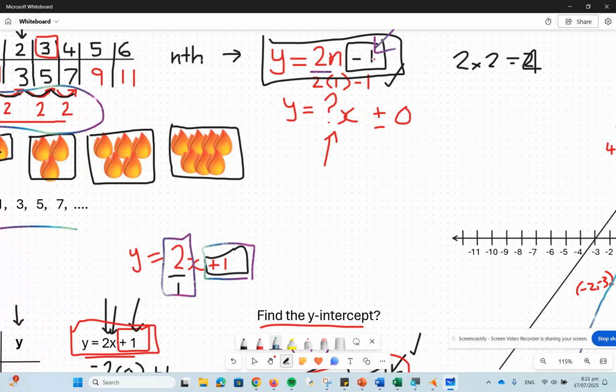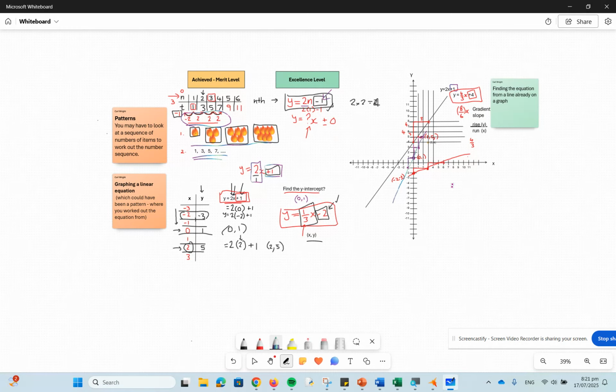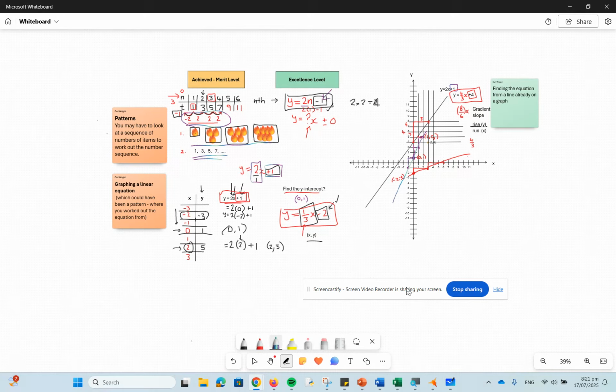The minus 1 will be the y-intercept, and the 2 by itself will be 2 over 1. So you go up 2 and across 1, and we can now plot this pattern of numbers by making a formula and then putting it on a graph. Whew, that was a long video. Hope you learned excellent stuff.